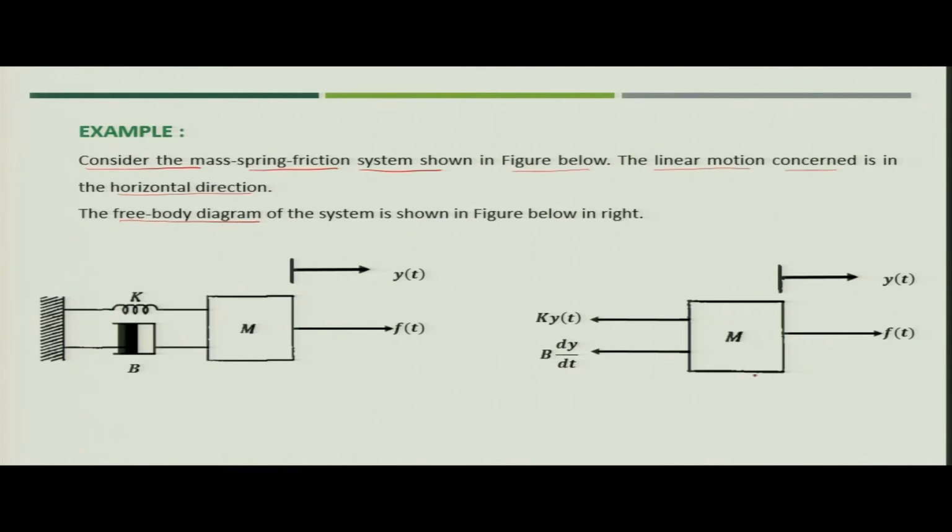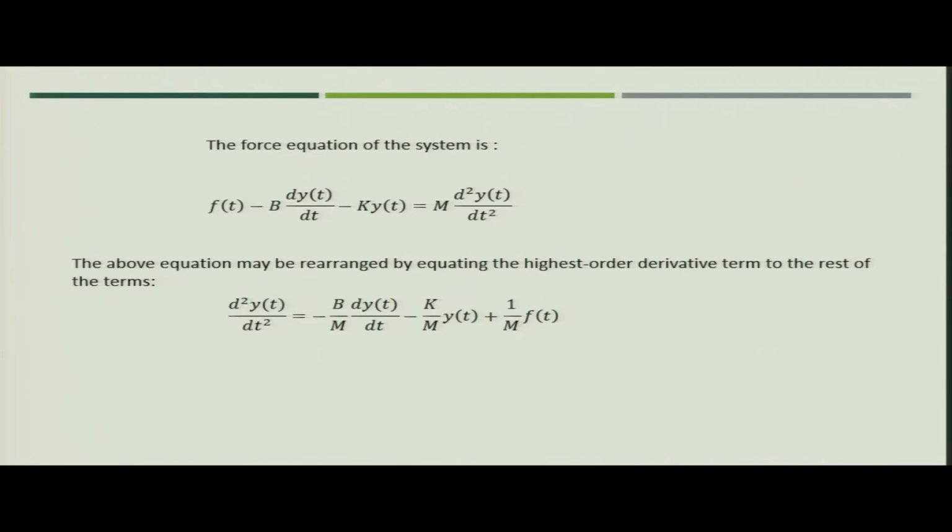There will be mass m, and the forces applied on this mass will be, one, the spring tension. So, we represent it by K into y(t). Viscous friction we represent with B into dy by dt, and then the force which is responsible for the mass to move in this direction.